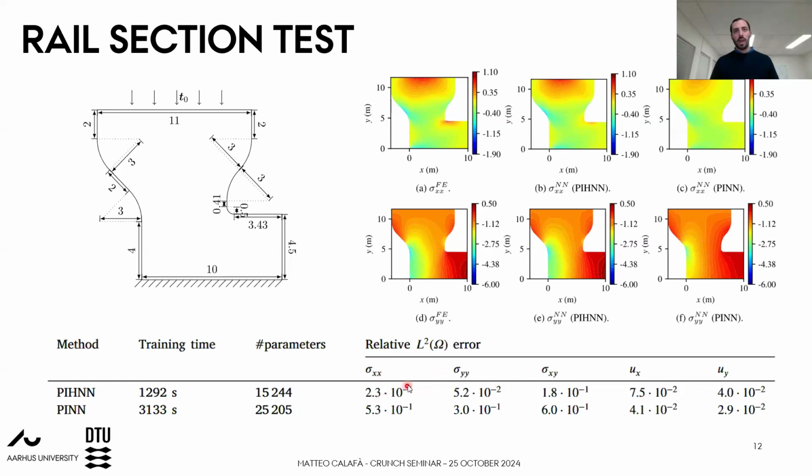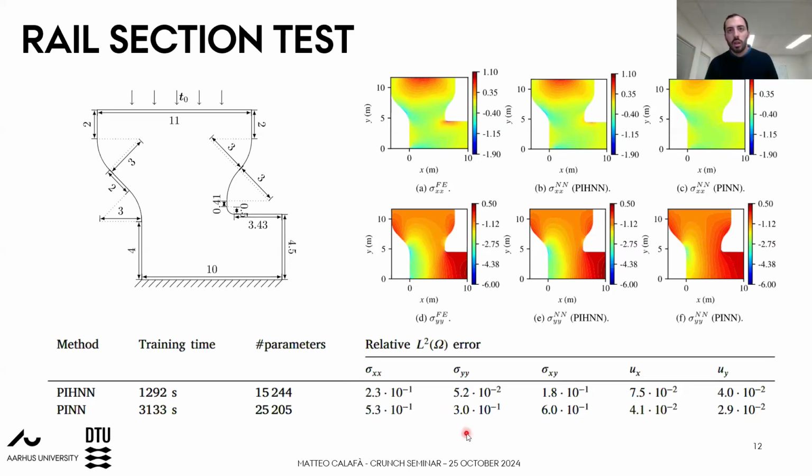In general, these L2 errors must be considered in a different way, because the stress concentration here gives values that really explode, and the evaluation of the error is not super reliable, because we are comparing something that goes very close to infinity. In the smooth case, the evaluation of the L2 error is in general more reliable.